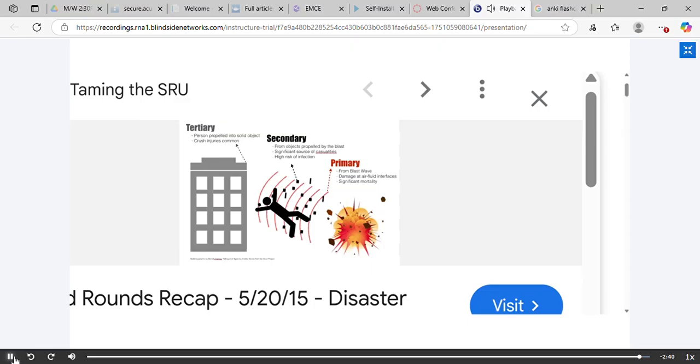So you have multiple things that are going to occur to your patient, depending upon how close they were to the blast and things like that. Okay. The treatment priorities on a trauma patient, always, like we said before, is uncontrolled bleeding first. ABCs, exsanguination, you've got to take care of that uncontrolled bleeding first.